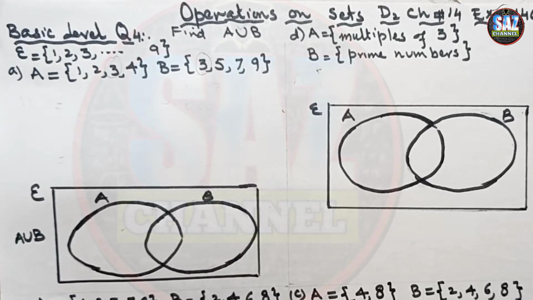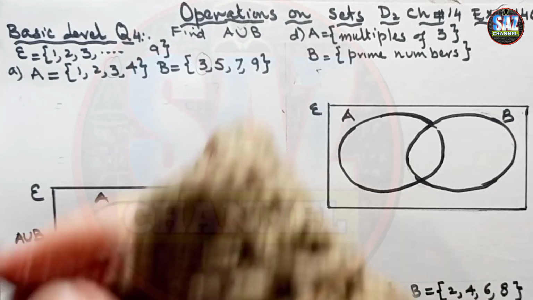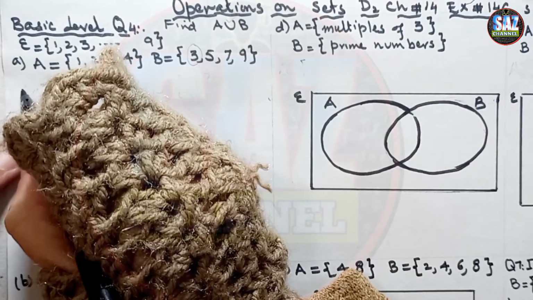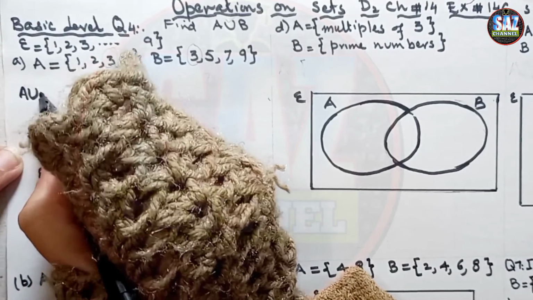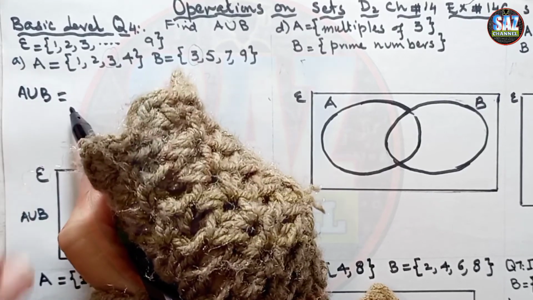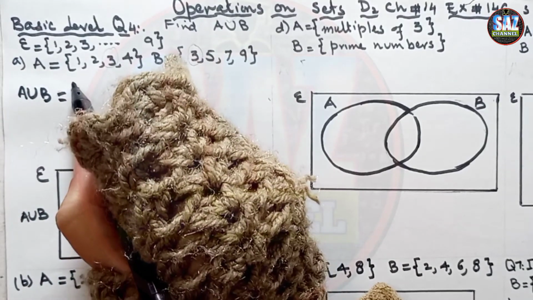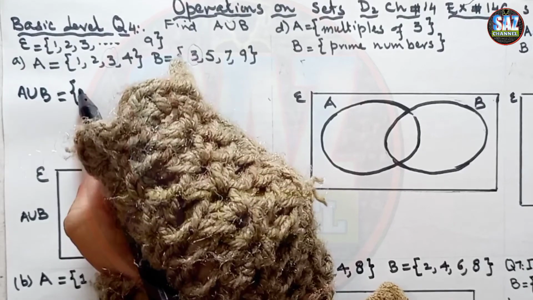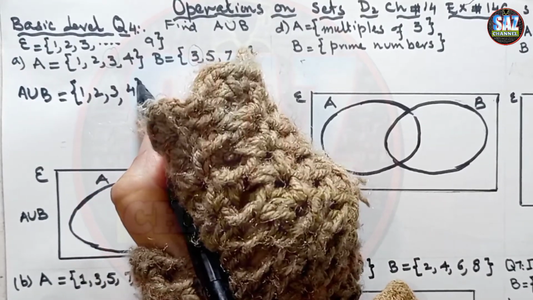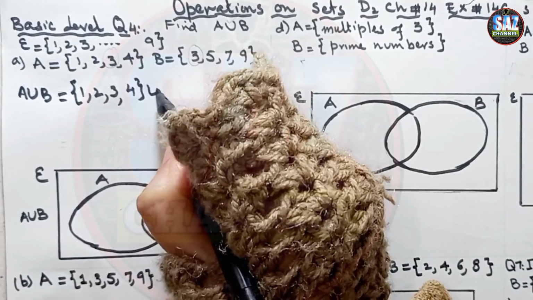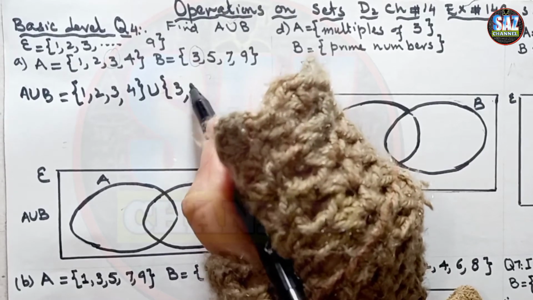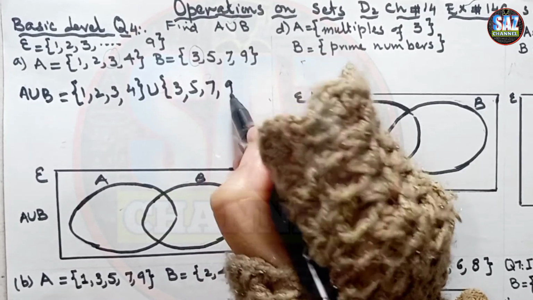So let's move to the union of this question. We have to write A union B equals to. First we write the elements of set A, that is 1, 2, 3, and 4, and then I put the union symbol, and then I write 3, 5, 7, and 9.